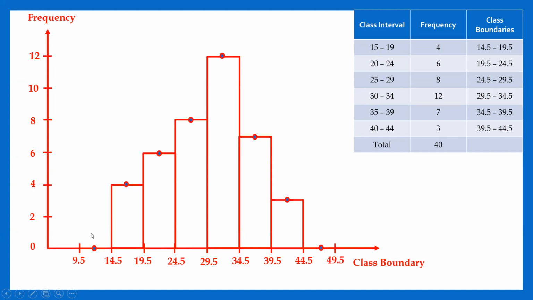Then you can join the midpoints by lines. It's like a line chart, a line graph. This is the frequency polygon.